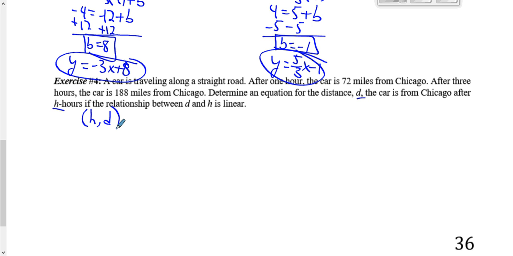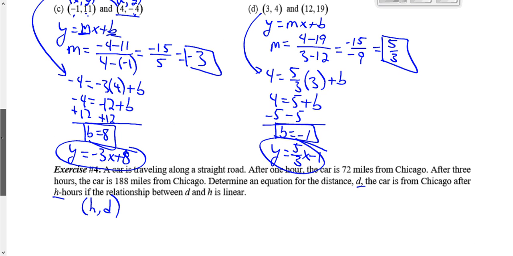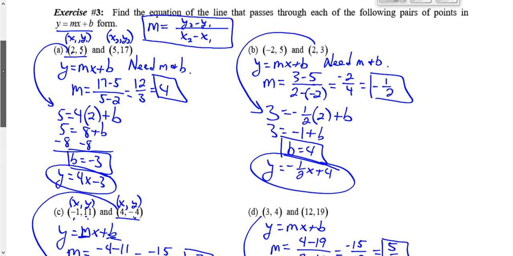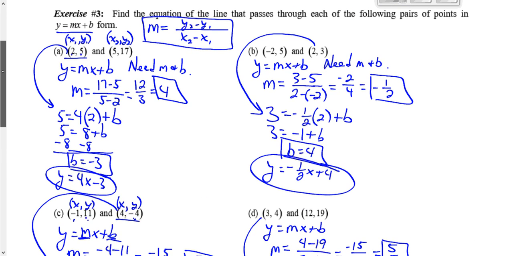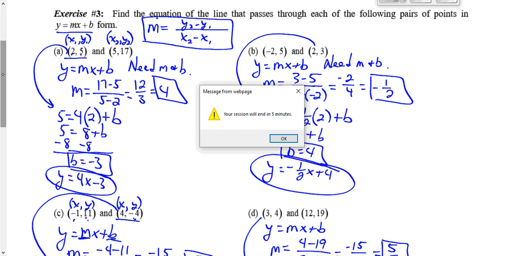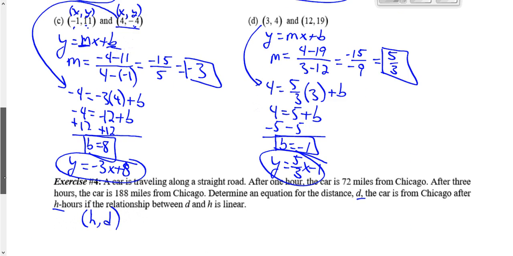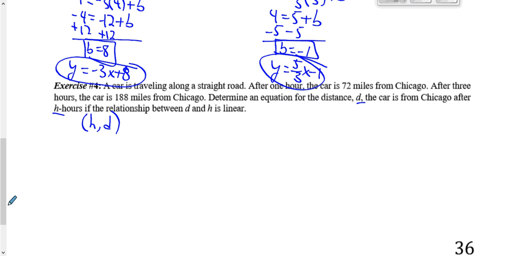Up here, you know how they gave us two points? Okay, x comma y. Do we have two coordinates h comma d here? We do. 1 hour. There's one. Is there another one? 3 hours.